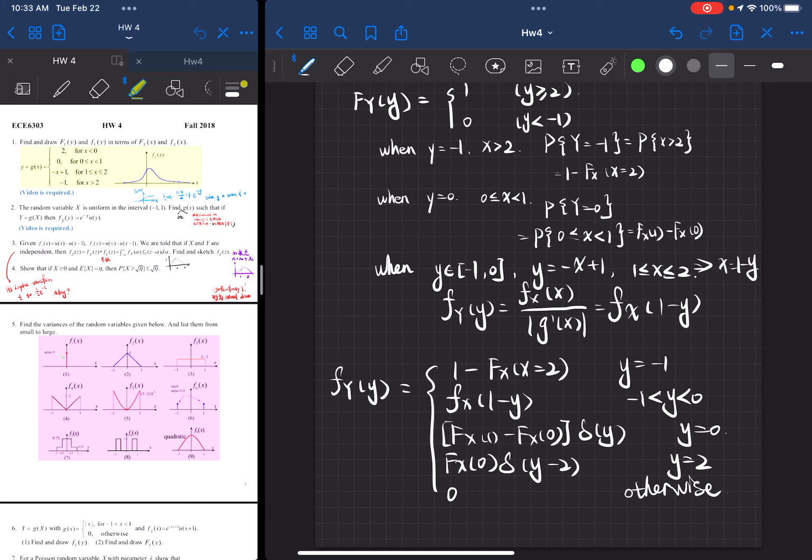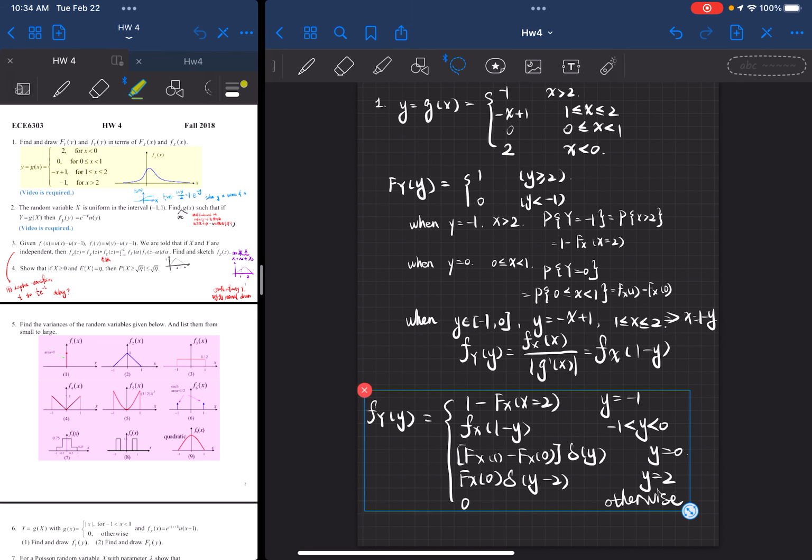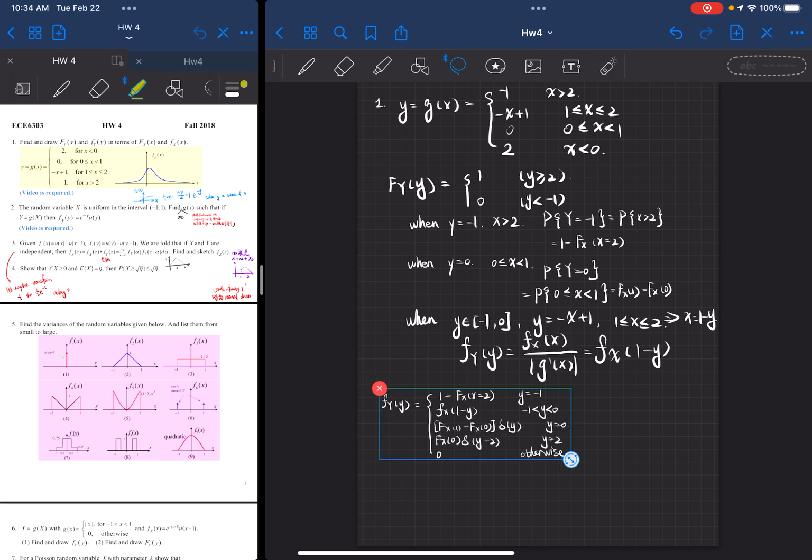Otherwise, the density function of y equals 0. Here we derived the density function of y, and let me put it smaller again.